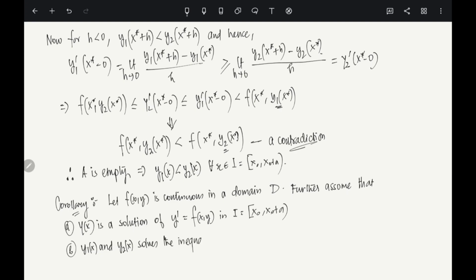What are the inequalities? f of x,y1 greater than y1 prime, and y2 prime greater than f of x,y2 in x naught to x naught plus a. Clear? So this is the second condition.